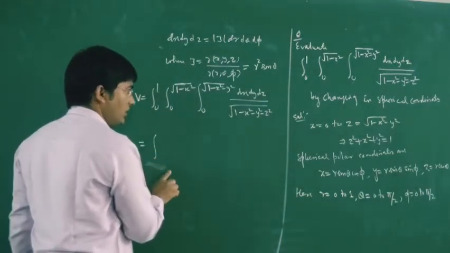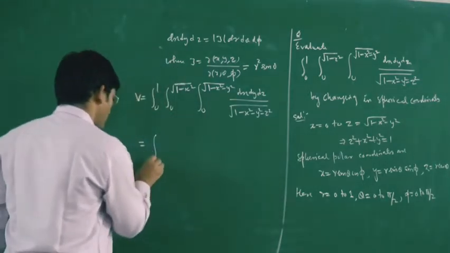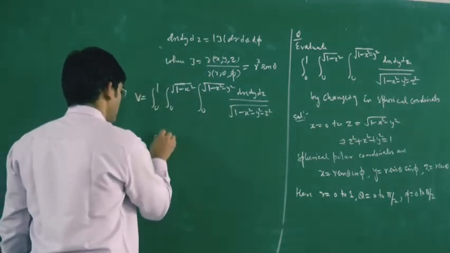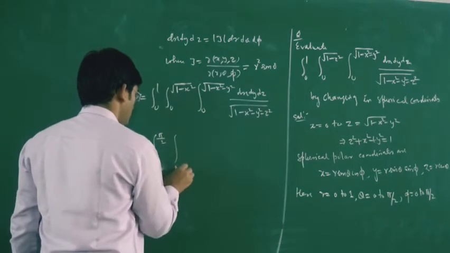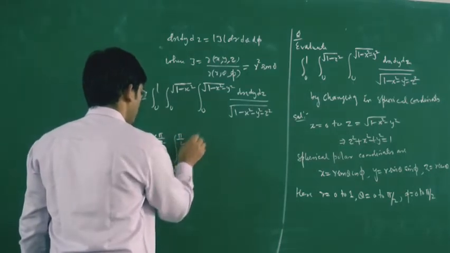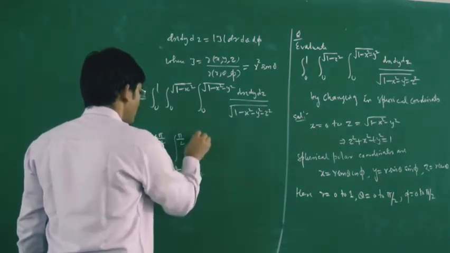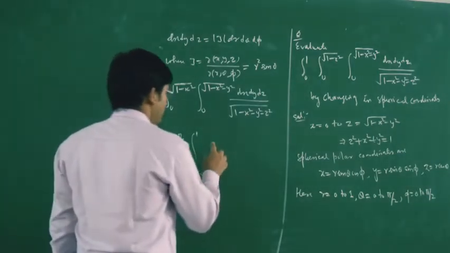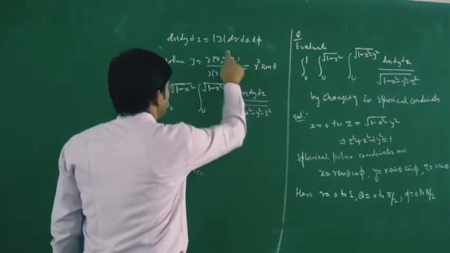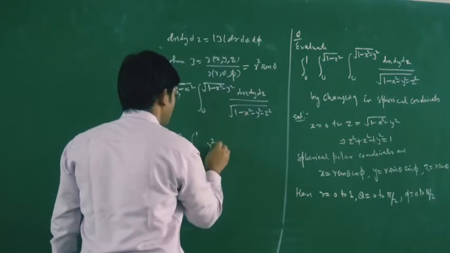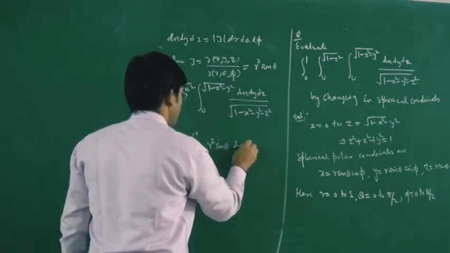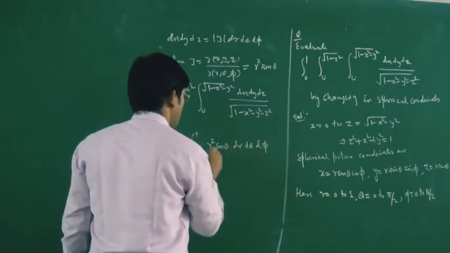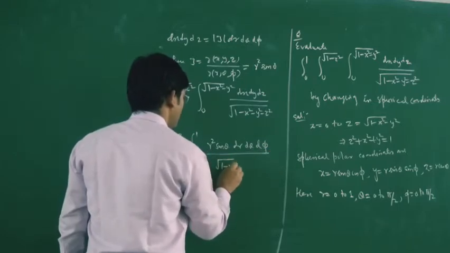Let us start with phi from 0 to pi by 2, then theta from 0 to pi by 2, then finally r from 0 to 1. And dx dy dz is J times dr d theta d phi, so we have r square sin theta dr d theta d phi upon the square root of 1 minus r square.